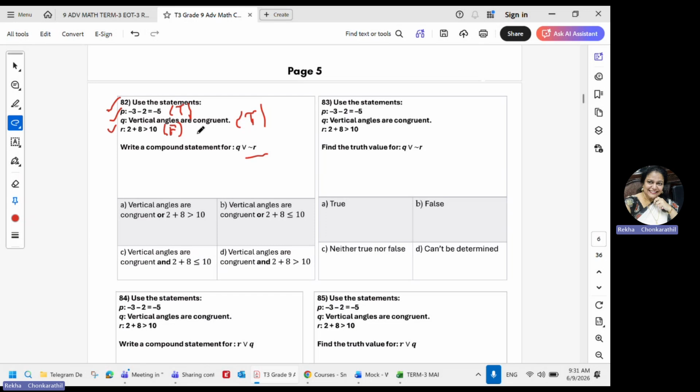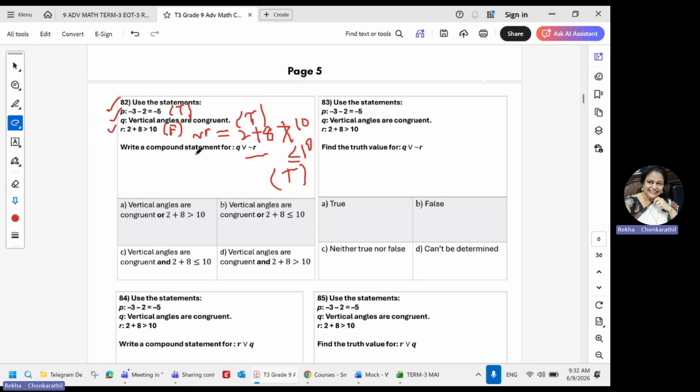So let's write negation of R. Negation of R will be 2 plus 8 is not greater than 10, or we can write less than or equal to 10. This is also correct. So the negation of R statement will be true, because the original statement is false, then the negation will be true.